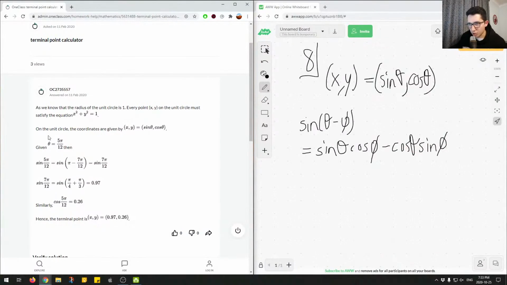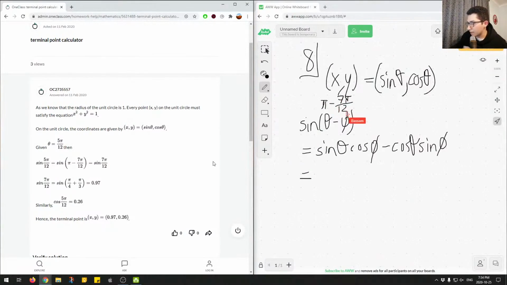Essentially what they're doing here is saying that sine of pi minus 7 pi over 12 is equal to this. And if you were to go through this calculation, you'd end up with sine 7 pi over 12. I'll go through this just to give you an idea. Here theta we're saying is pi, so it will be pi minus 7 pi divided by 12.